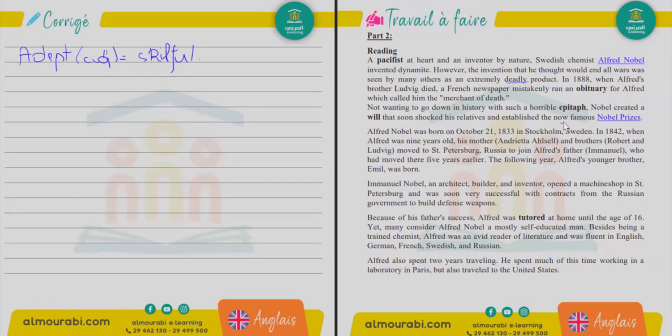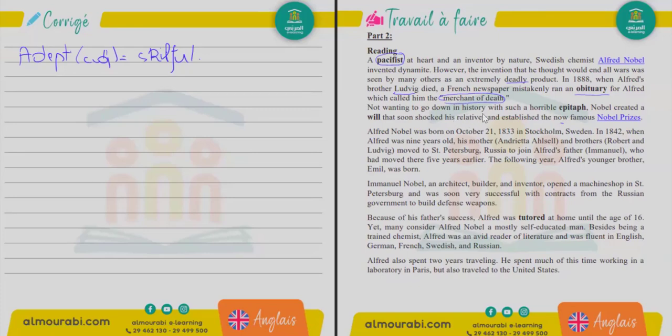You will be asking me about the word pacifist. So Alfred Nobel was a pacifist. A French newspaper wrote an obituary entitled The Merchant of Death, Commerçant de la Mort, because one of his factories exploded, and that caused the death of his brother Ludwig.